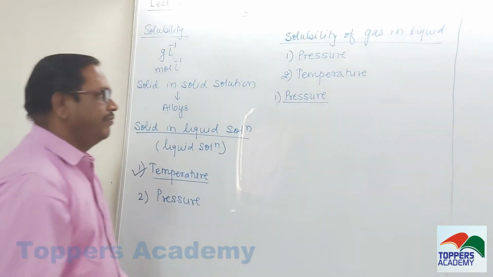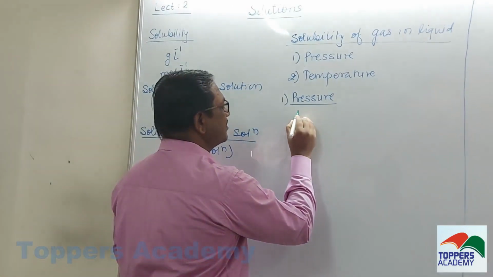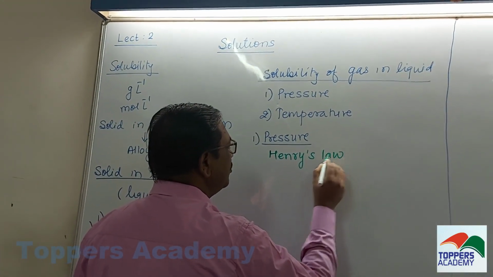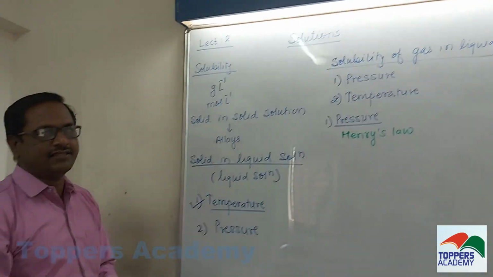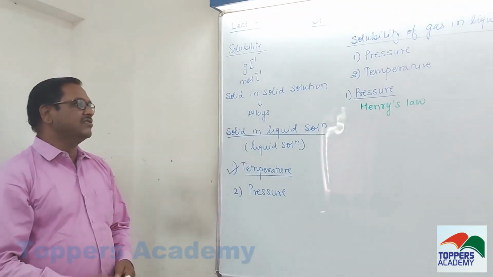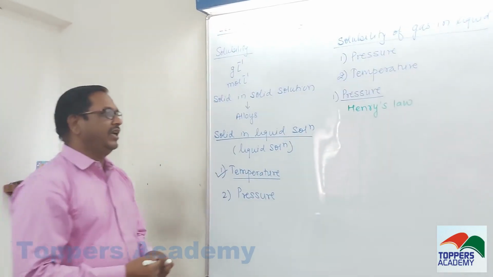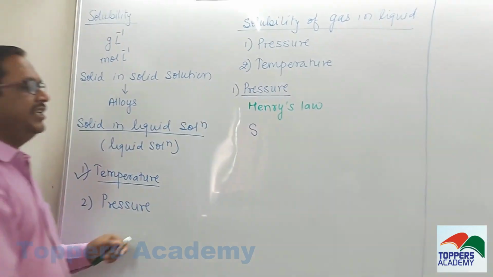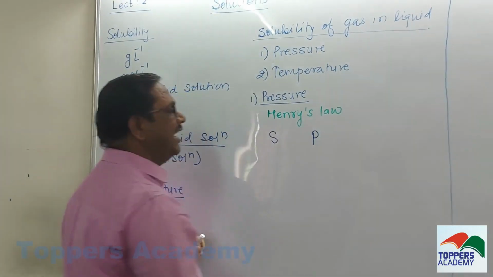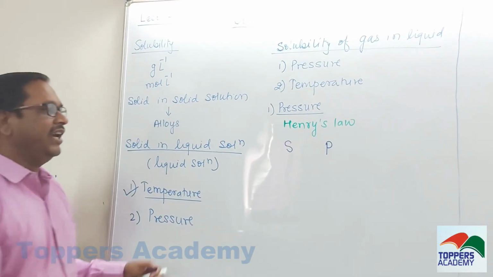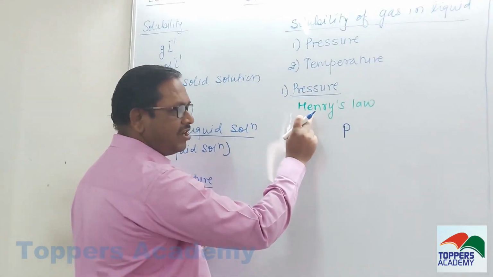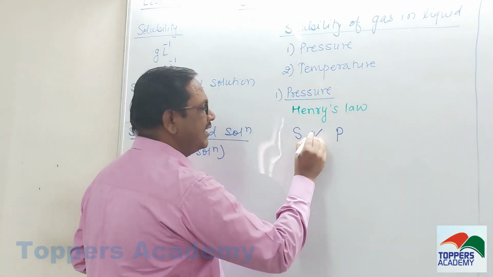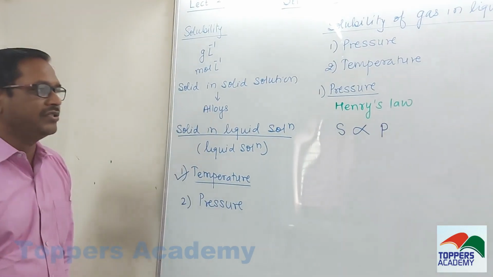Now the effect of pressure is explained by one law which is known as Henry's law. Now what is Henry's law? Suppose S is the solubility of gas in liquid and P is the pressure of gas. According to Henry's law, solubility of gas in liquid is directly proportional to the pressure of gas.